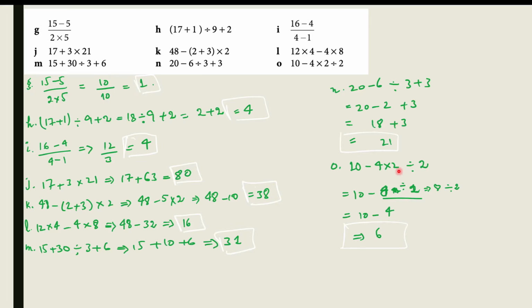Since we have both multiplication and division, we do them from left to right. So 4 multiplied by 2 is equal to 8, and then 8 divided by 2 is 4. So 10 minus 4 is equal to 6. So 6 would be our final answer.